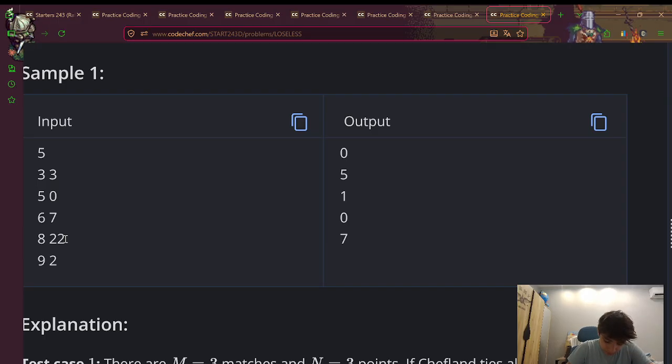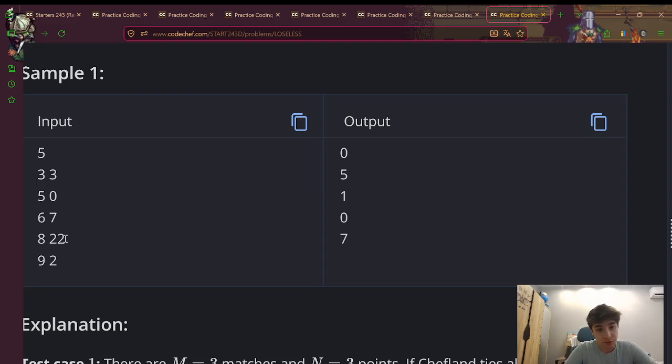Then for example, 4 and 5. I win one time, then 2 draws. Okay, so the same logic, if B is equal to A plus 1, then it's 1.